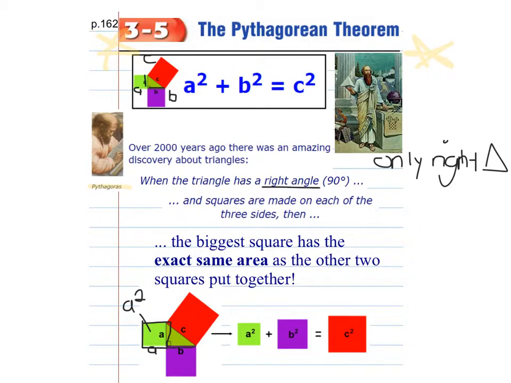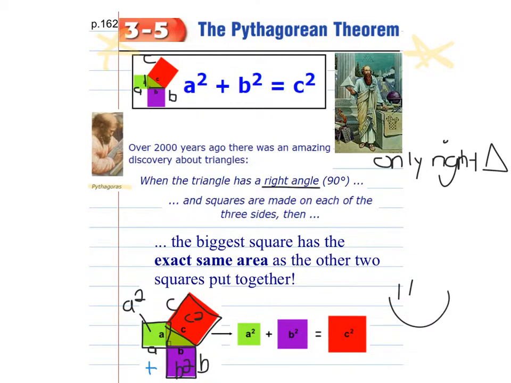If I found the area of the purple square, I would do b times b, which is b squared. Those two added together would equal the area of the red box, c squared. So a squared plus b squared would equal c squared.